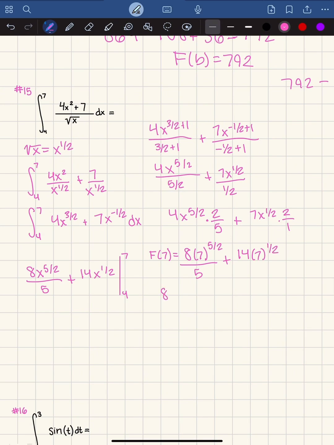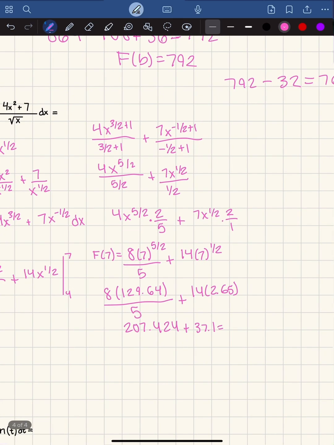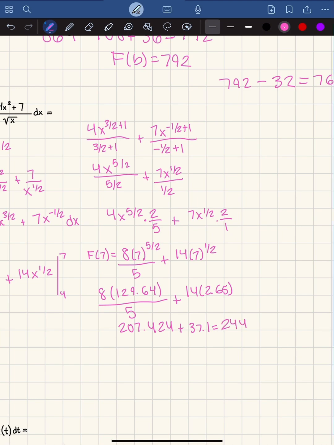And this simplifies to 8 times 129.64 over 5 plus 14 times 2.65. That further simplifies to 207.424 plus 37.1, which equals 244.54. So our F of b is 244.54.